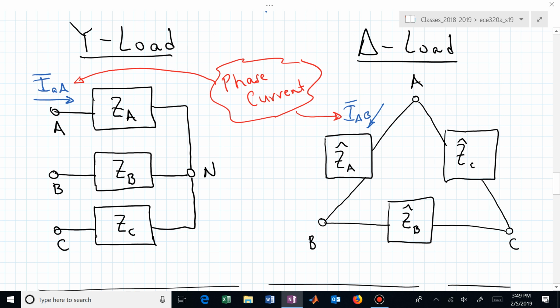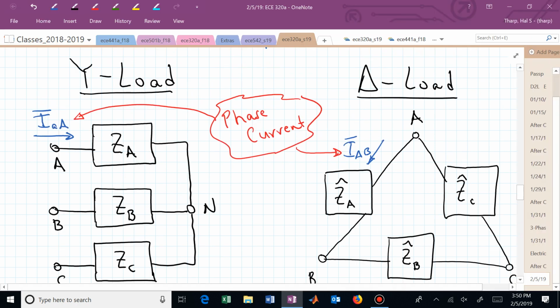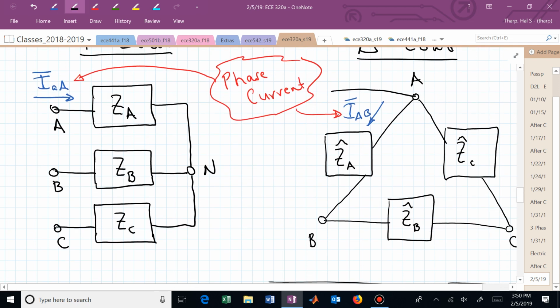For the delta connected load, the phase current is going through the A phase impedance, but do you see where I sub AA is in that? I haven't indicated it, but in fact, you would find I sub AA and I sub BB flowing in these transmission lines.